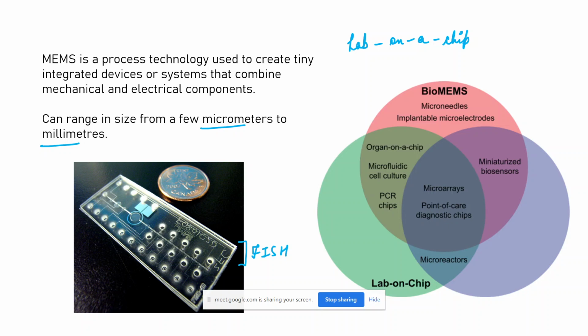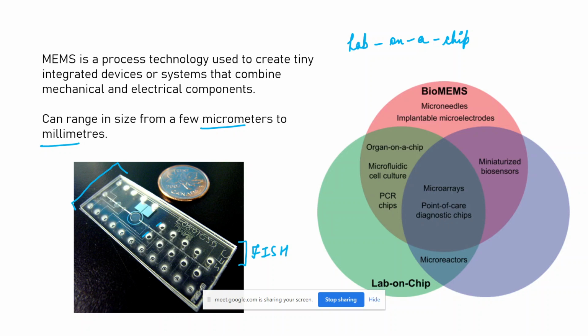It's just that instead of doing everything in a very big culture flask or very big culture vessel, you can just have it in something as small. As you can see here, this device which is used for doing FISH is as small as a chip or as small as a cover slip. And the small holes that you are seeing are very small chambers which are only millimeters long.